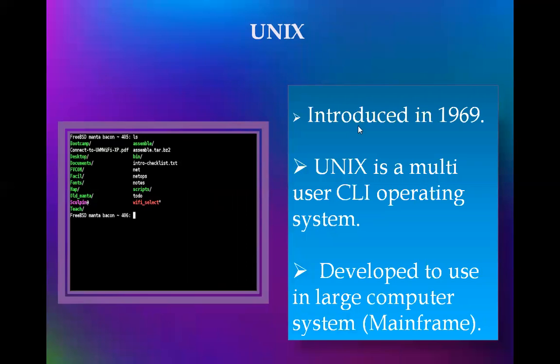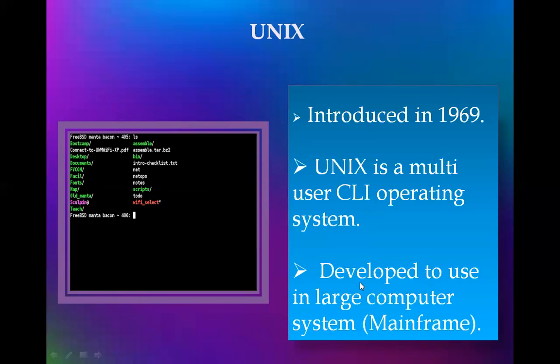The Unix operating system was introduced in 1969. Unix is a multi-user command line interface operating system. Why is it called a multi-user command line interface operating system? Because Unix allows multiple users to run different programs at the same time.